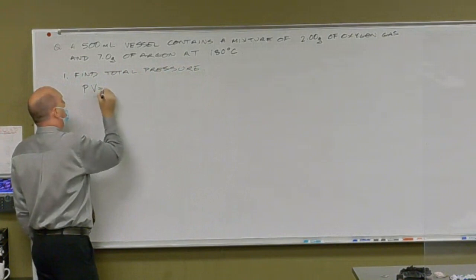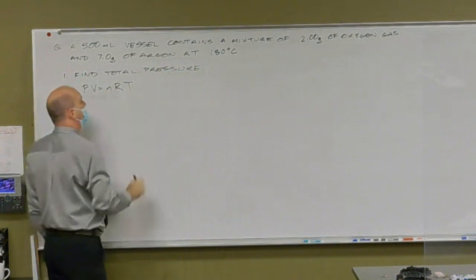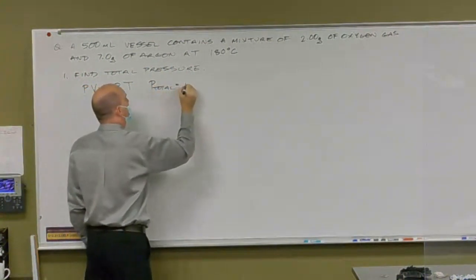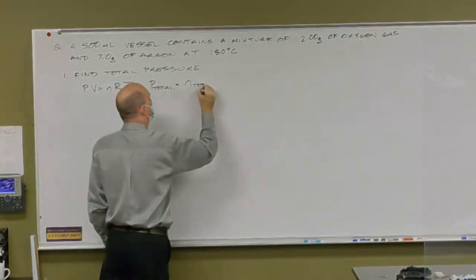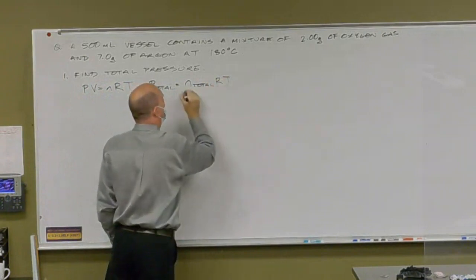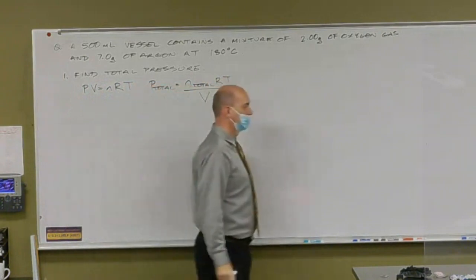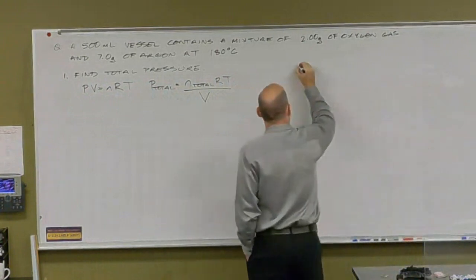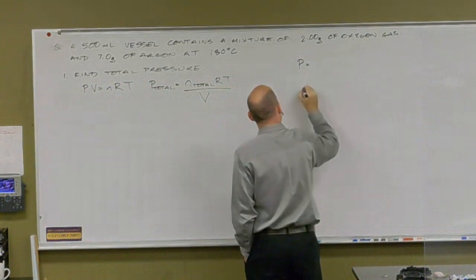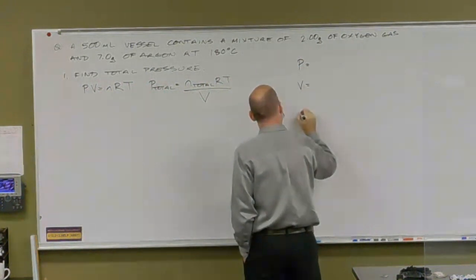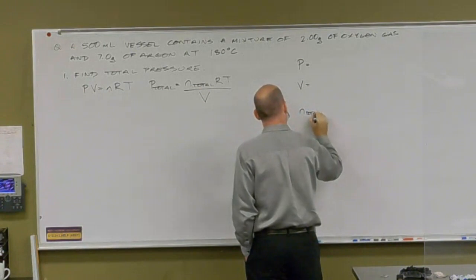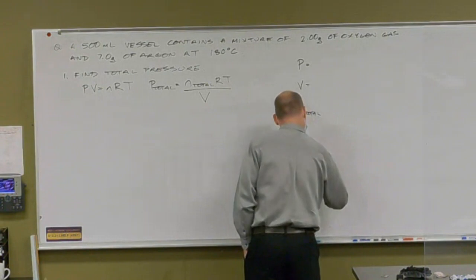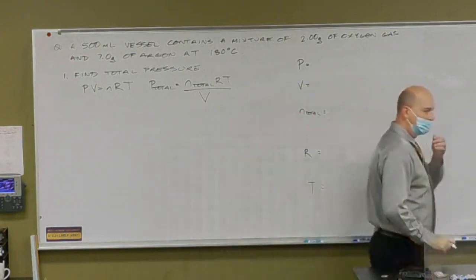PV equals nRT, which means that P total is n total RT over V. Before you just go throwing numbers at this, give yourself a table.